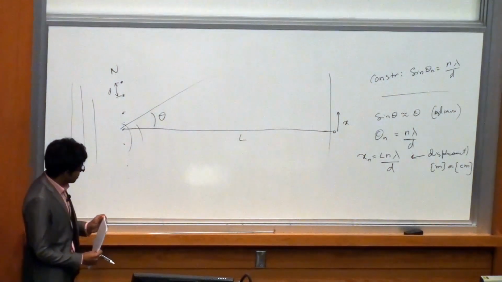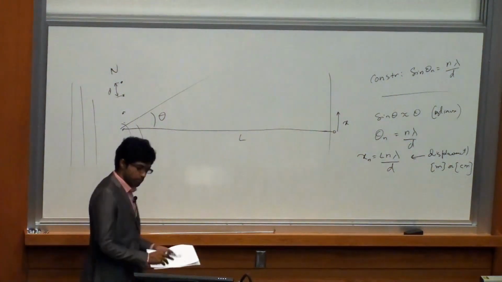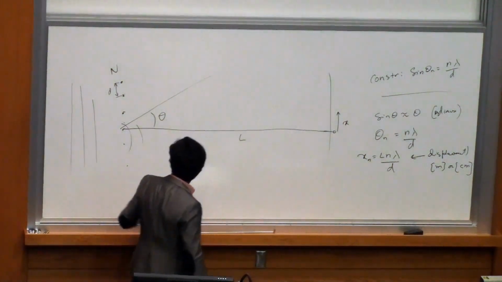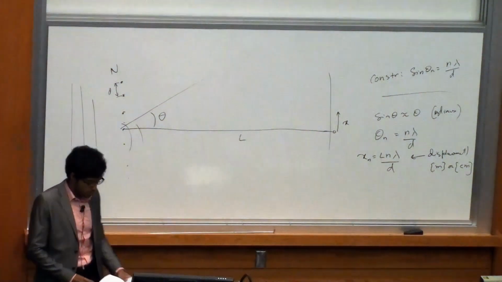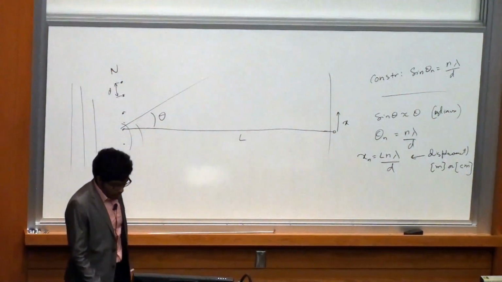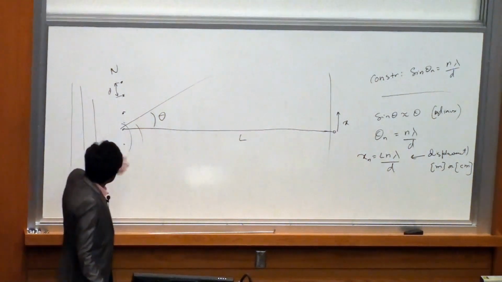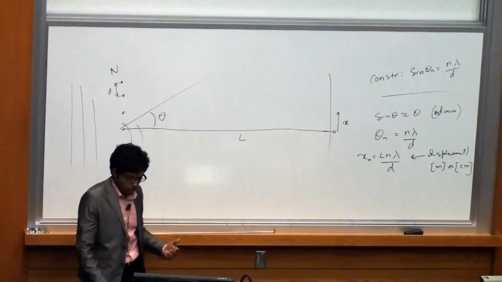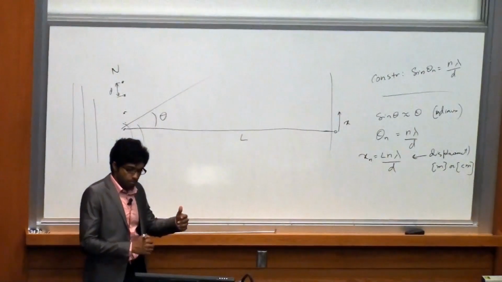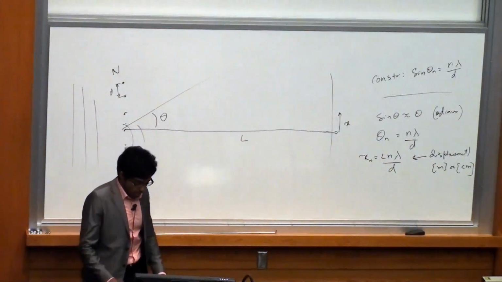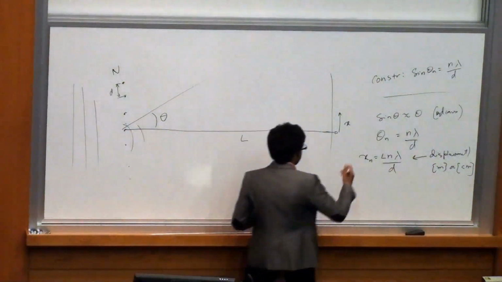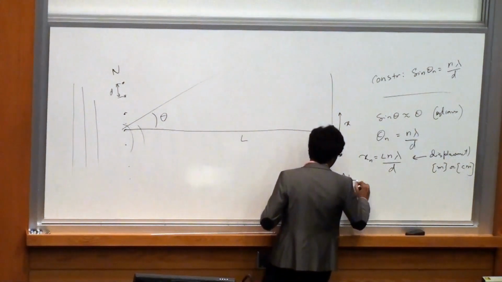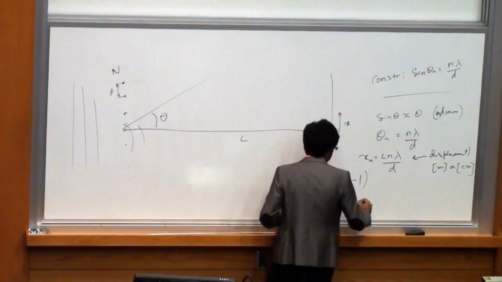What's different about destructive interference, and something that's not so intuitive, is that if I have n sources, I'll have n maximas. But instead of having n minimas, I'll have capital N minus 1 minimas.